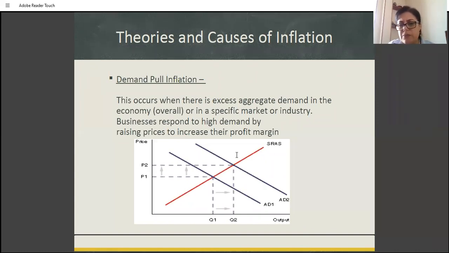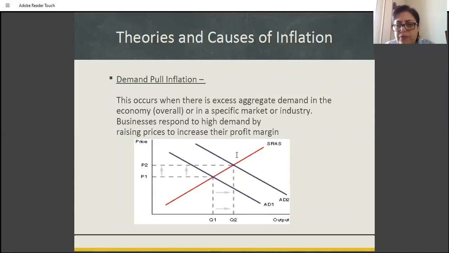We have two demand curves, the blue colored ones on your scheme, and one supply curve, or more correctly, the aggregate supply curve, the red colored line on your scheme. Look, what do we see? We see excess aggregate demand in the economy because AD2 is associated with greater demand than the previous AD1 curve, and at the same time, a stable, unchanged aggregate supply curve.